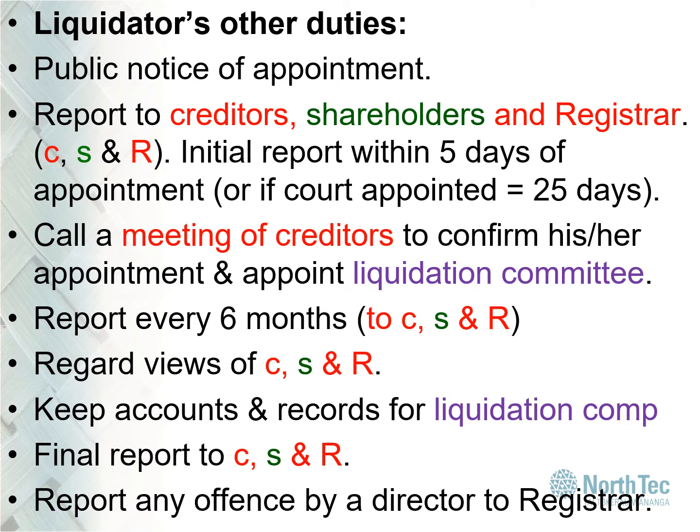And he should report every 6 months to the creditors, the shareholders and the registrar. And he should regard the views of the creditors, the shareholders and the registrar. He should keep accounts and records for the liquidation company. And there should be a final report to the creditors, the shareholders and the registrar. And he should report any offence by a director to the registrar.